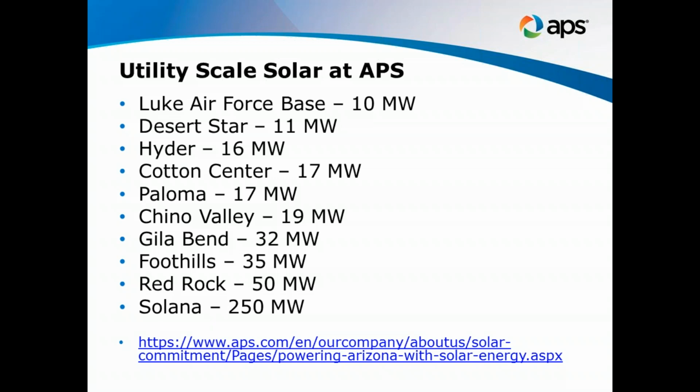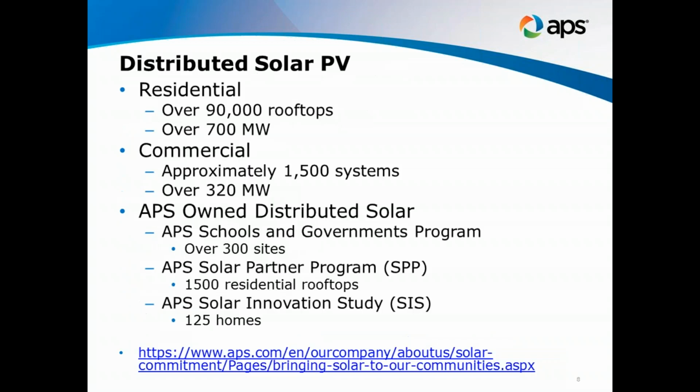Instead of building on the customer property, this large solar site was built remote to the customer's facilities, connected to APS distribution and transmission, and the output of that is credited to the customer. More details can be found at the link that will be provided with the slides.